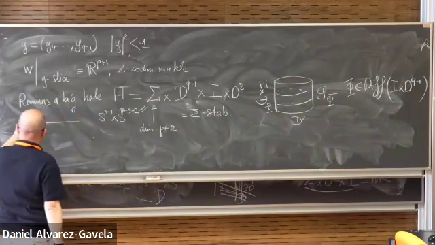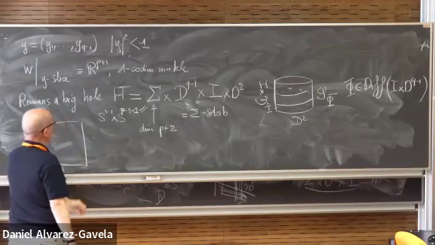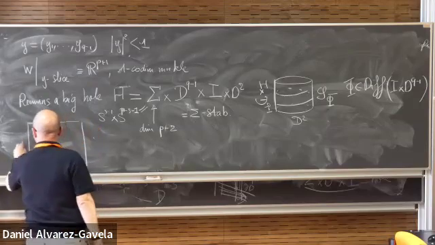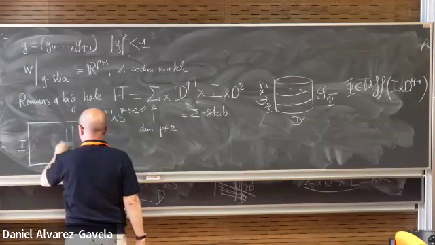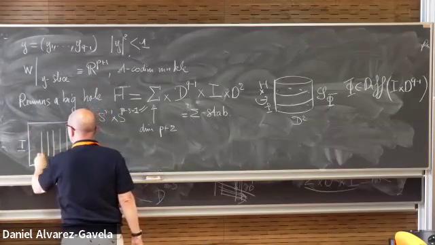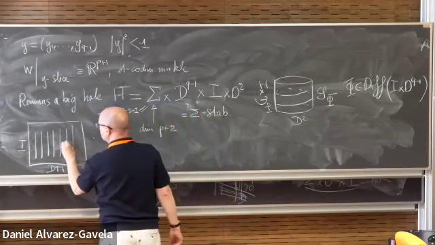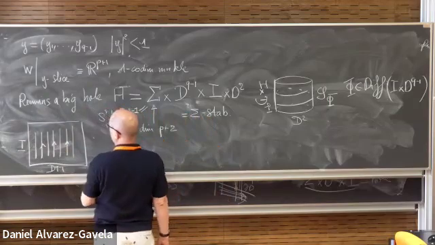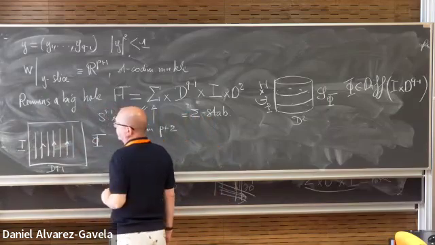Namely, here is D to the q minus 1. There is the interval, and it preserves every vertical segment. And it is compactly supported.